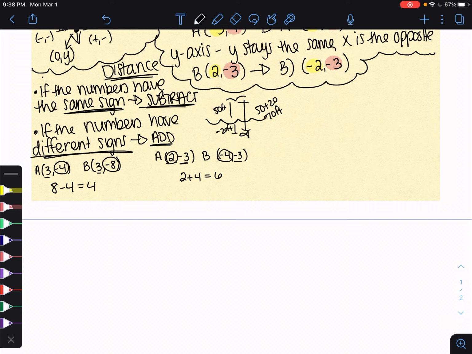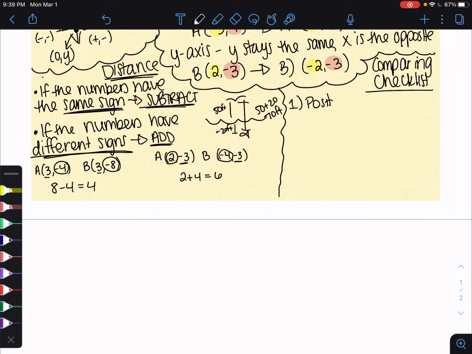The last thing that we had was section 4.4, which was all the comparing. So I've got my comparing checklist. Number 1 was positive versus negative. Number 2 was proper versus improper.